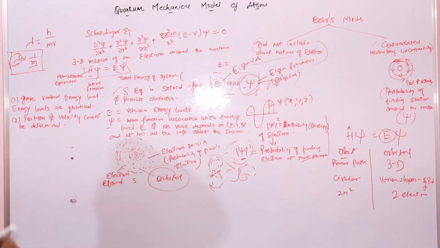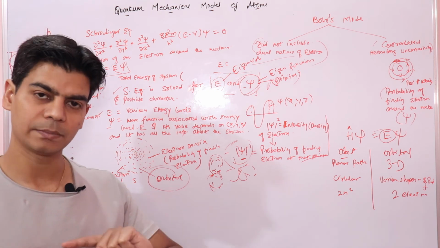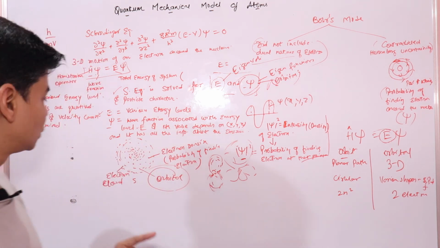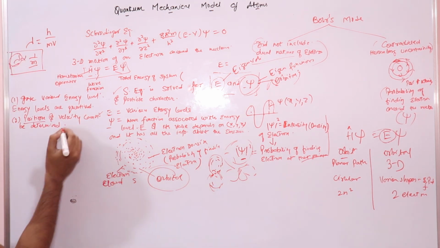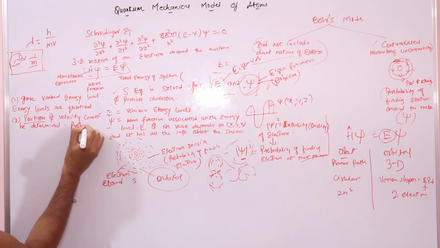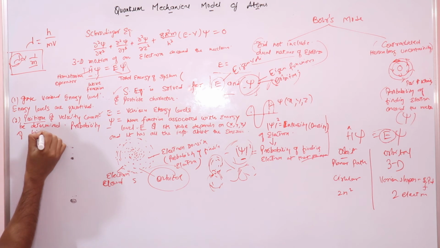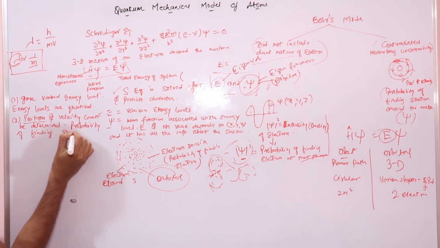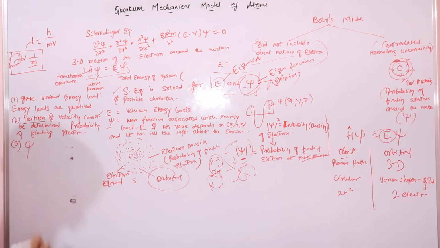What we talk about in the wave mechanical model is always the probability of finding an electron. There is no definite path or position of an electron that we have fixed around the nucleus. So what we talk about is the probability of finding an electron around the nucleus.